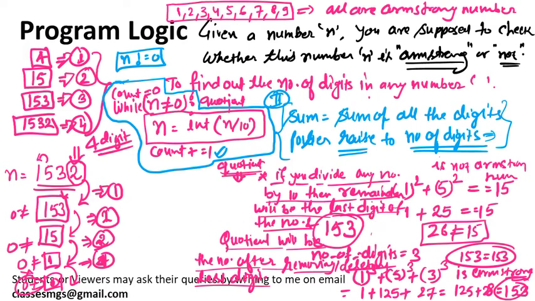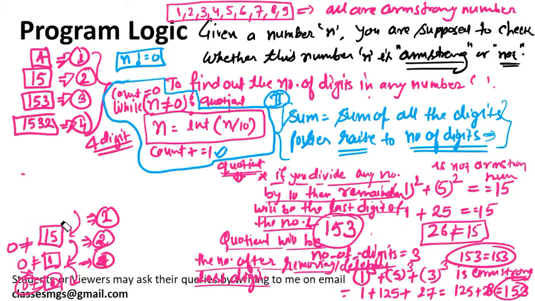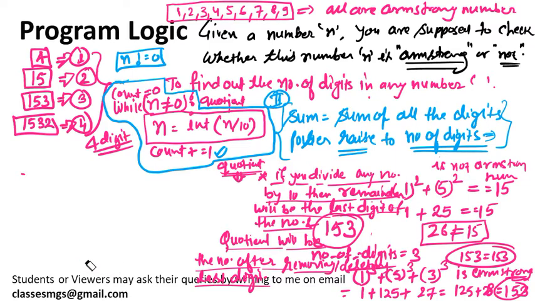Now let's try to understand the second part of the problem. I am going to solve it here. Let's take a different color pen to solve this logic. Okay, let's take this pen only.